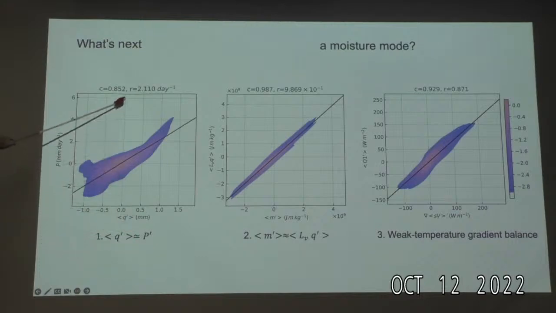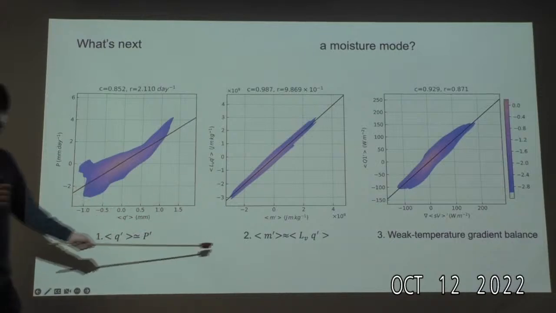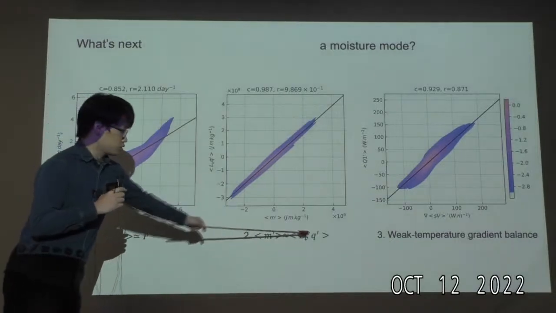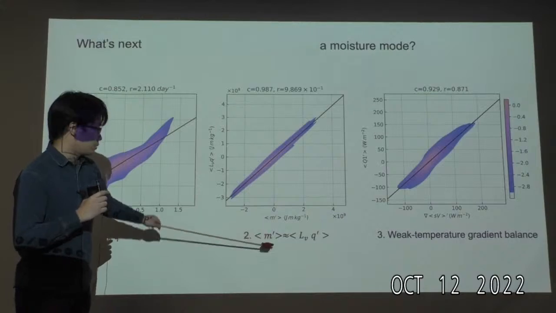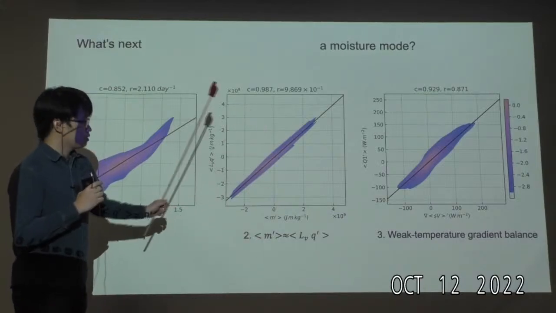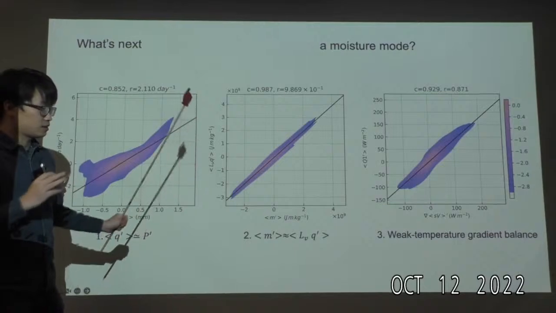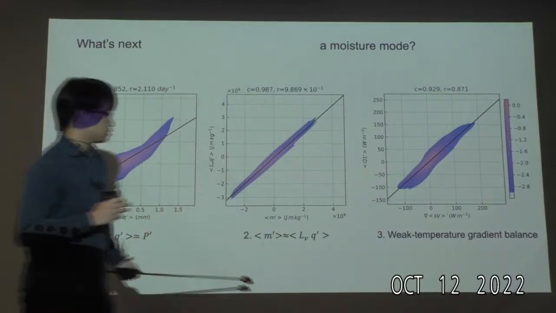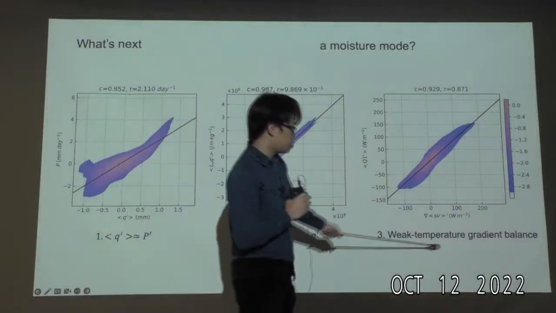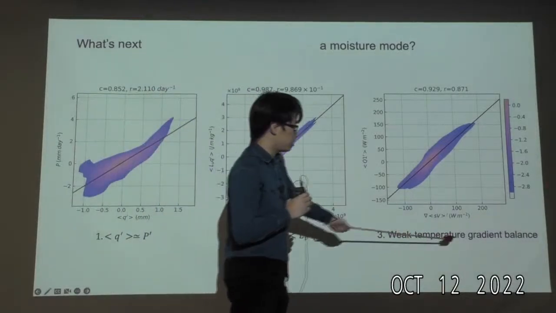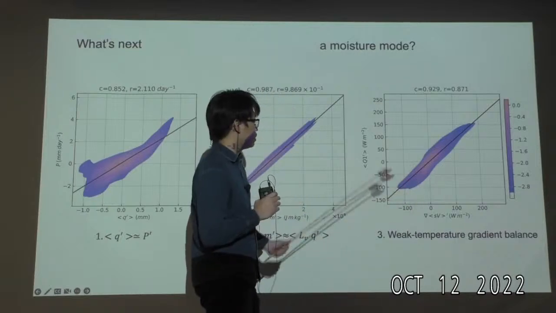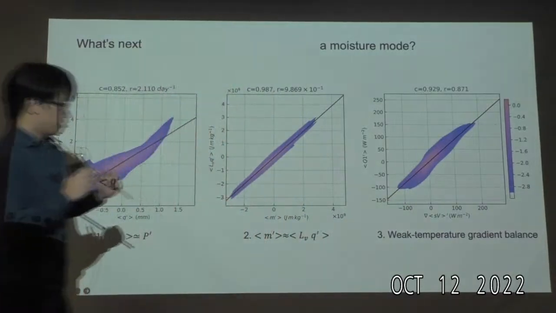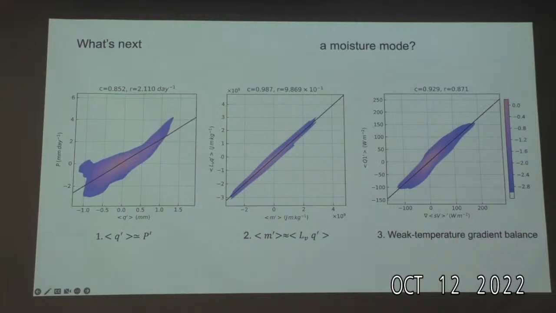You can see that the correlation coefficient is pretty high. The second criterion is whether the moisture is dominating the MSE, which has been shown in either the horizontal plane or the vertical cross sections. The third one is the WTG criterion, the weak temperature gradient balance between the heating and cooling. So I'm not going to answer what they are today.